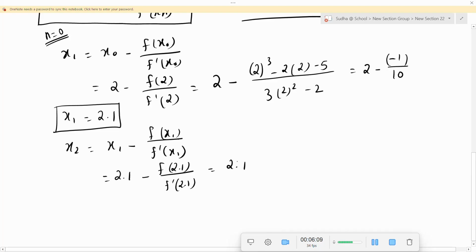For f of 2.1, in the given f of x function we substitute 2.1 instead of x: 2.1 whole cube minus 2 into 2.1 minus 5, divided by 3 into 2.1 whole square minus 2.